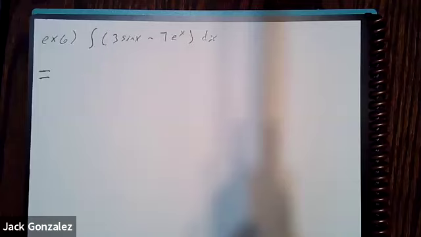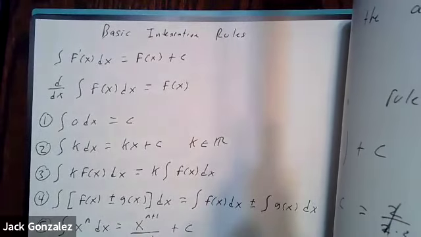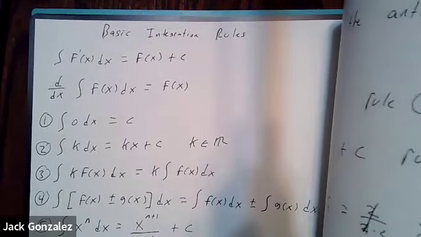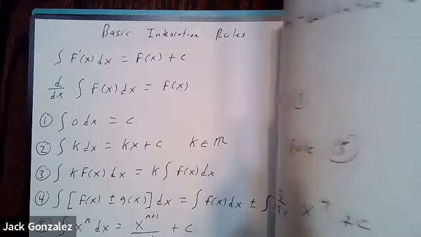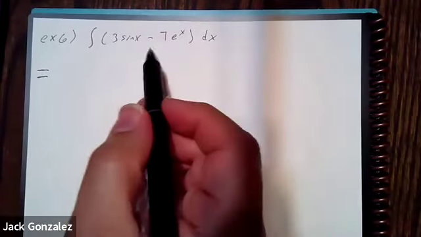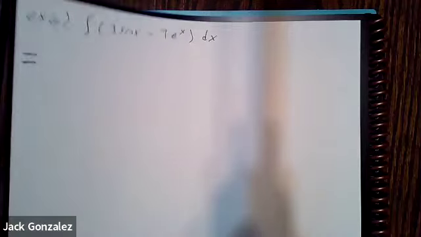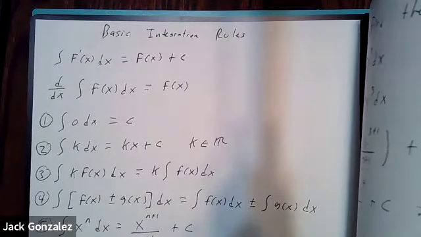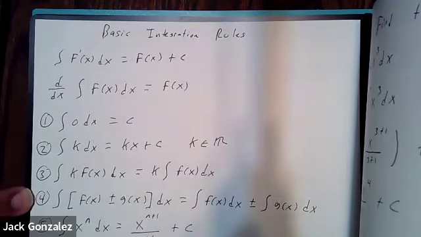I would start with rule 7. Rule 7 would be the trig property, but we have a difference. Oh, okay. So we should probably do rule 4 first.